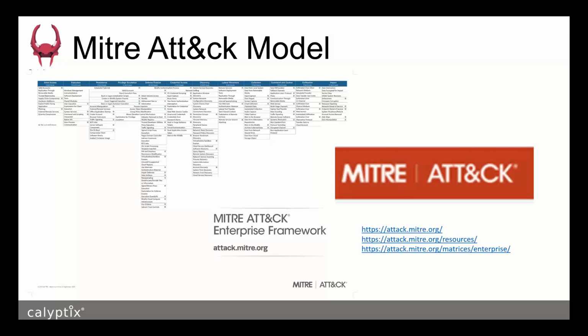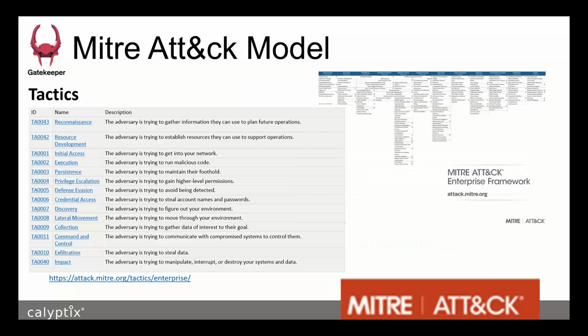The second model is, again, a much more detailed model, and it involves essentially a series of tactics. I think there are 10 different tactics that are used by adversaries. And then underneath of those tactics, it outlines different techniques, and it tries to attribute those techniques to different advanced persistent threat actors. And this, again, is built on an enterprise model.